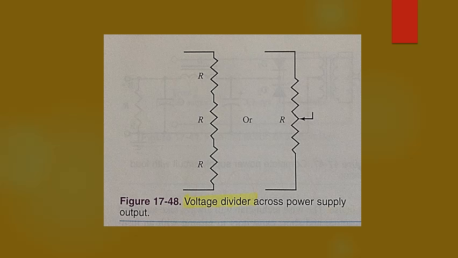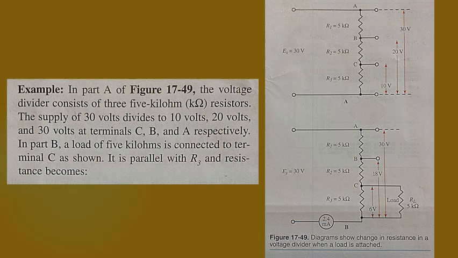Figure 17-48, a sliding tap resistor, can also be used to provide voltage adjustments. This circuit is called the voltage divider. It takes advantage of Ohm's law.